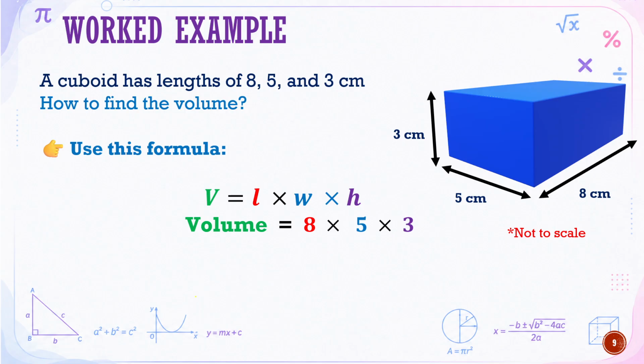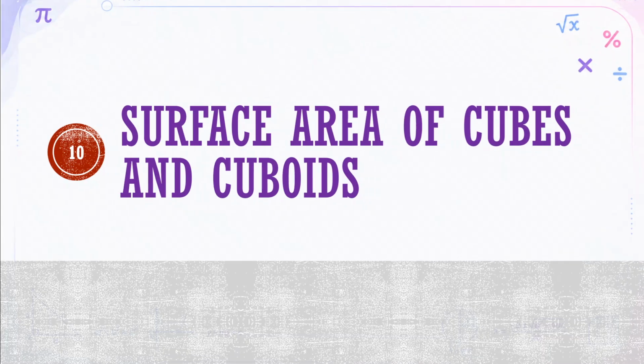Alright. So that's why we get the volume is equals to 120 centimeter cube. Alright. Now again a thing to note, the measuring unit is going to be cubic centimeter, right? Because it's a volume, so we have it as cubic centimeter.